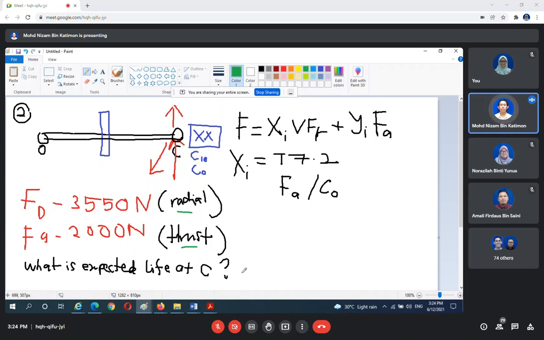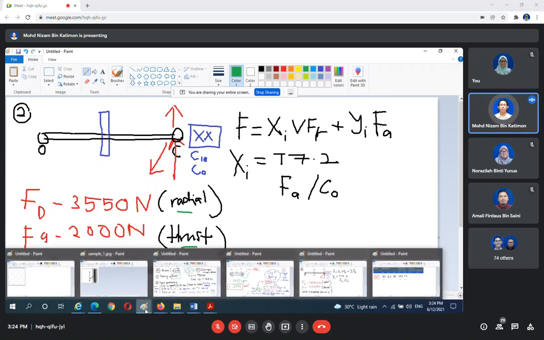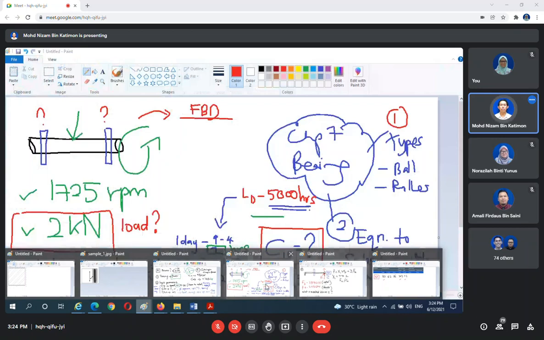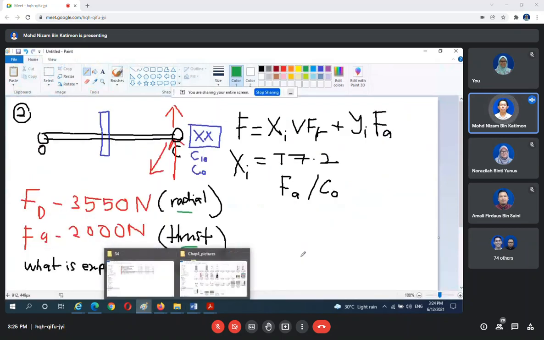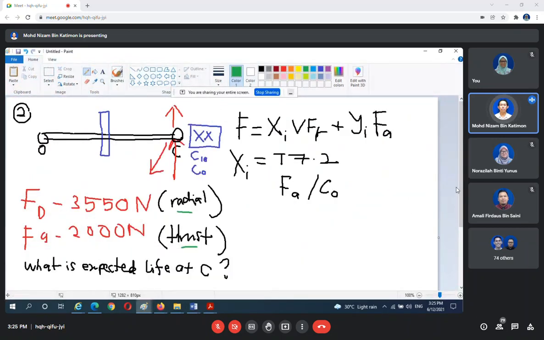Just now we set 5,000, but this is another case where we select the bearing. We know the value of C10 and Co from the catalog. From our calculation, we know the radial and thrust load. And then how long is the expected life? How many thousand hours before failure?